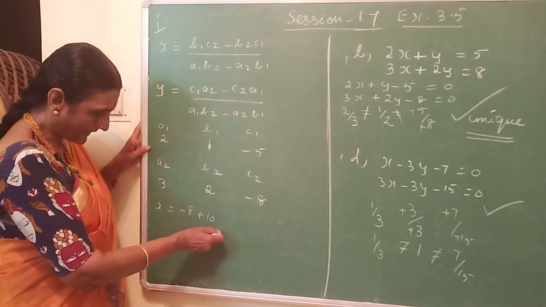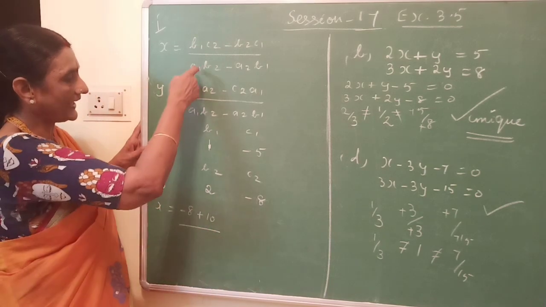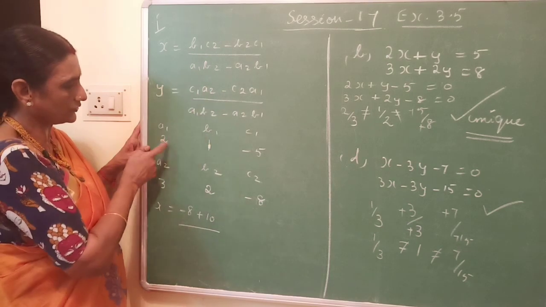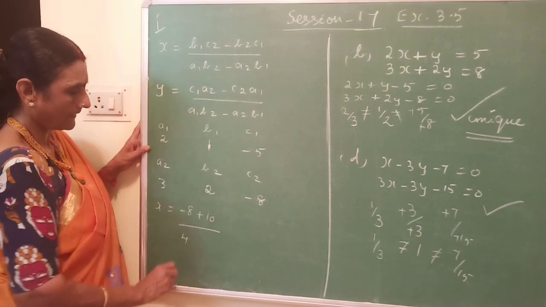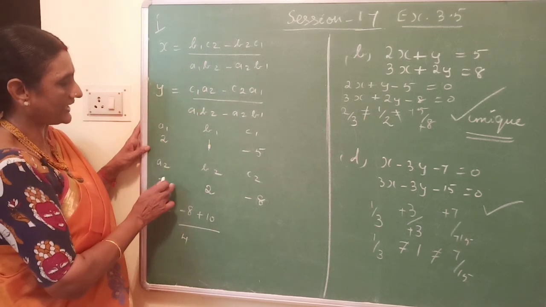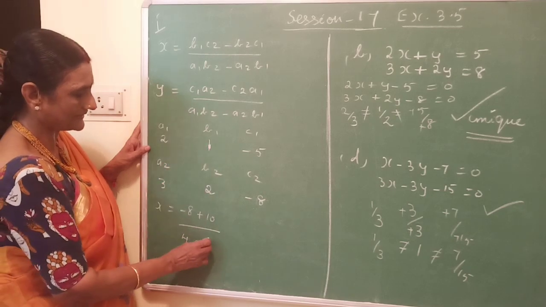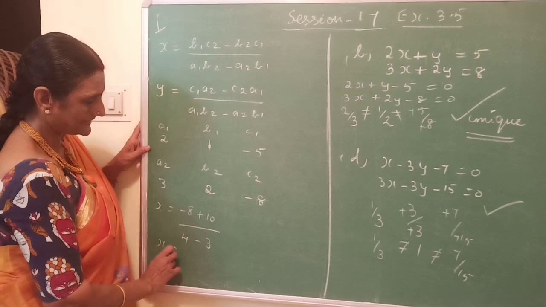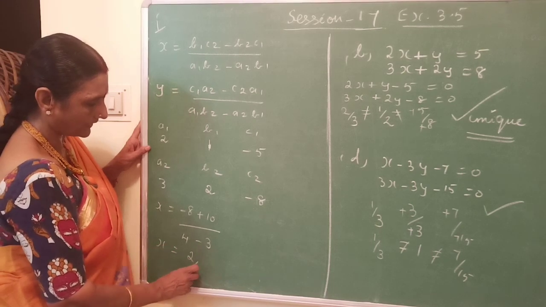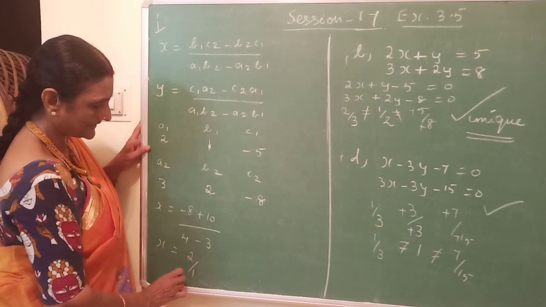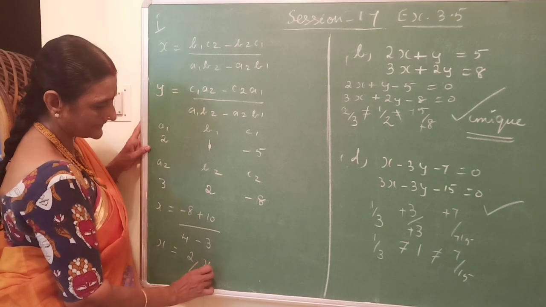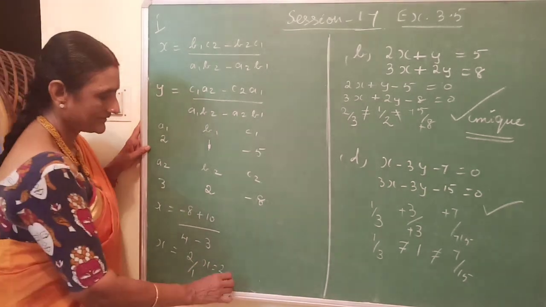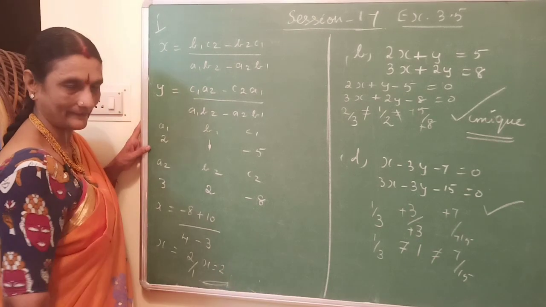Correct? By what is your A1? A1 is 2. A1, B2. 2 2s are 4. And then what is your A2, B1? Minus 3. So tell me what is this equal to? X is equal to 2 upon 1. That is X is equal to 2 is the first value. Are you understanding? So we can write it separately.